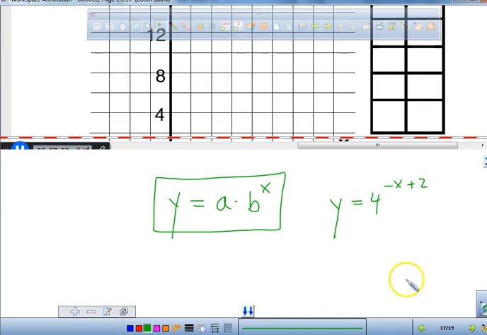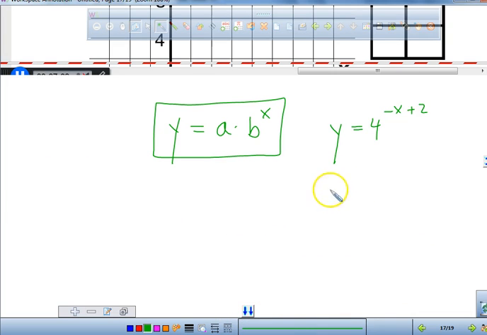So watch how we do this. I'm going to take this 4 right here, and I'm going to factor out a negative 1 out of this expression right here. If I factor out a negative 1, what's going to go right here?